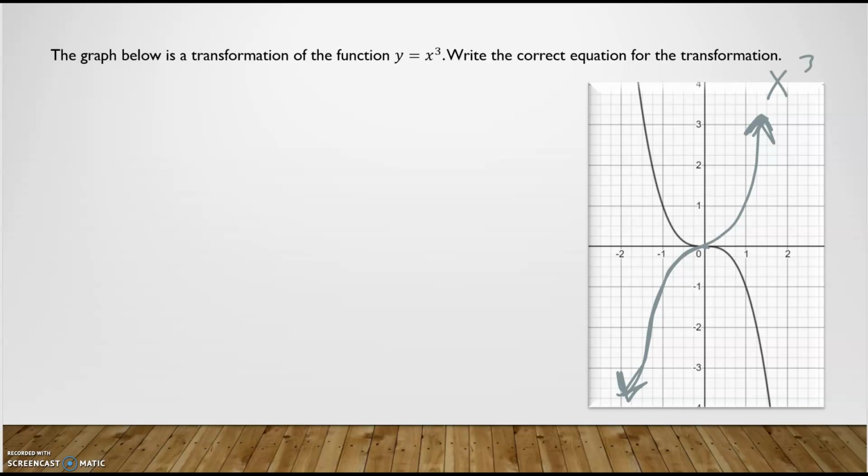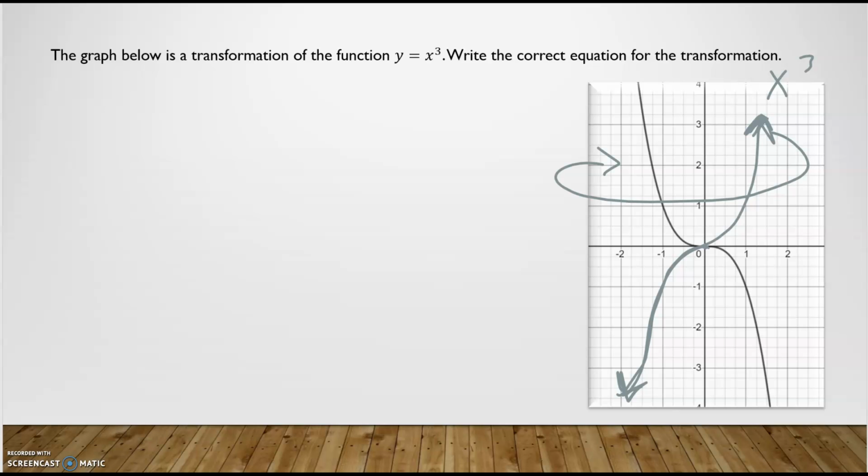We're trying to figure out, well, what do we do to the x cubed to make it the transformation that we see on the graph, the black function that we see on the graph. Looks like if I flip this across the y-axis, then it will give me the transformation.